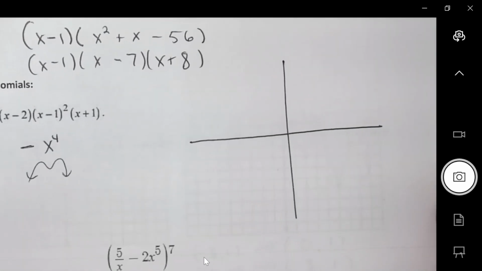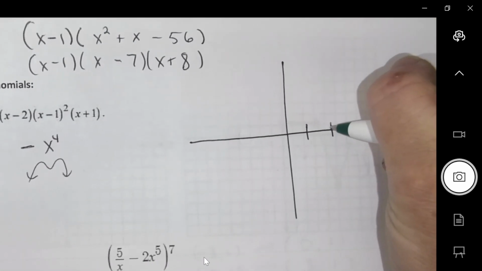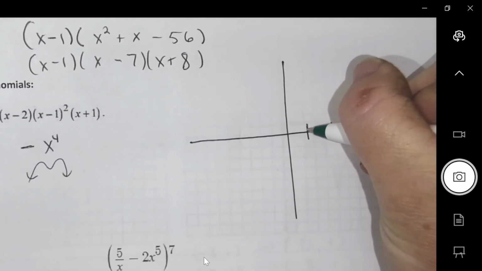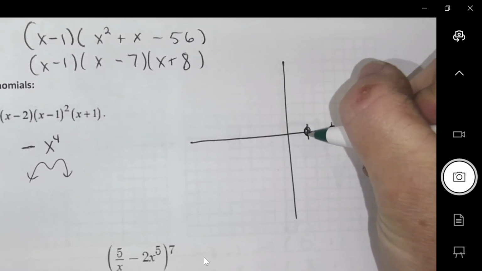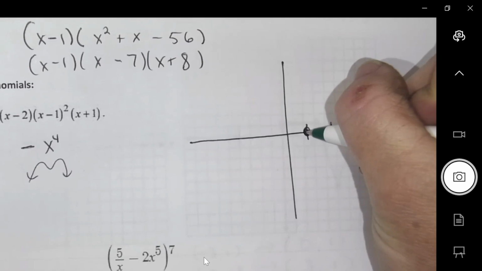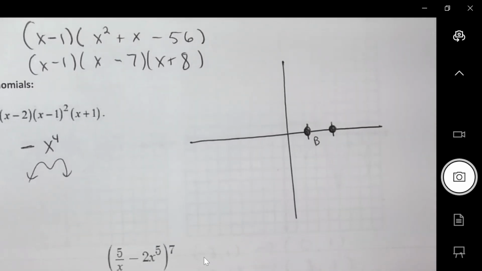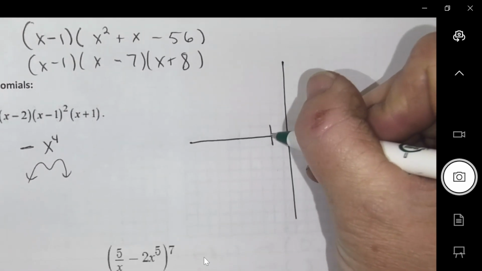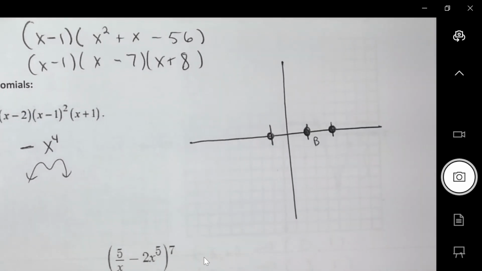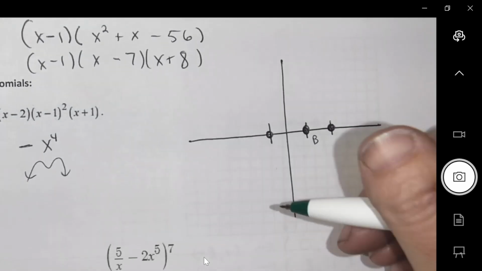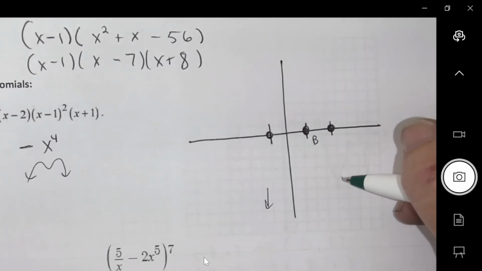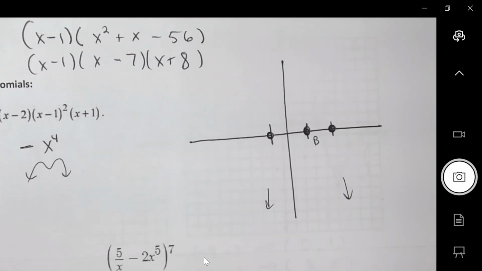Okay, so I'm going to cross the x-axis at 2. At 1, what's happening special at 1? It's a bounce. You're going to bounce there. And at negative 1. And I know my arrows are going to be like that.